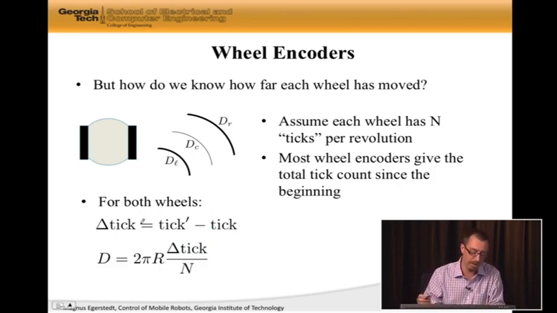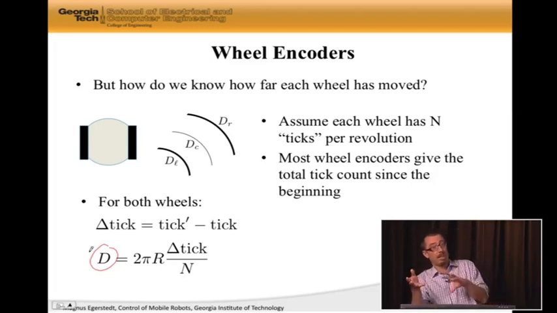So this D here could either be D sub L or D sub R. It's simply 2 pi R delta tick over N. So this gives us a way of mapping ticks onto distances traveled. And as we saw in the previous slide, distance traveled we can then map into new position and orientation of the robot.